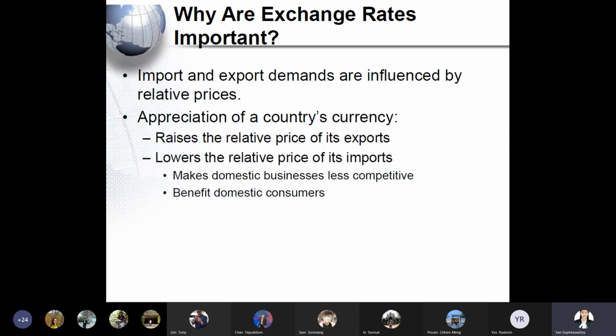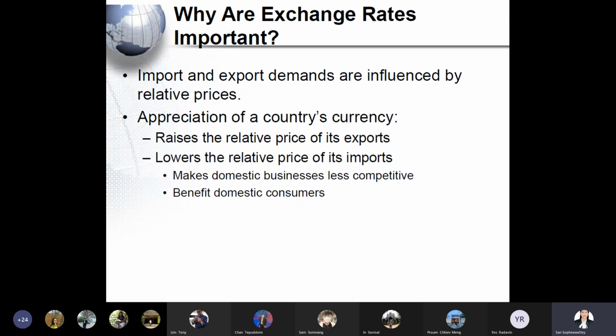So why are exchange rates important? As I have specified many times, exchange rates are important because they affect the relative price of domestic and foreign goods. Import and export demand are actually influenced by relative price.